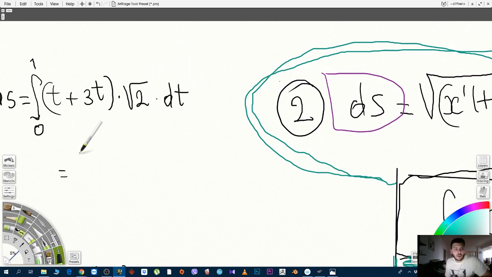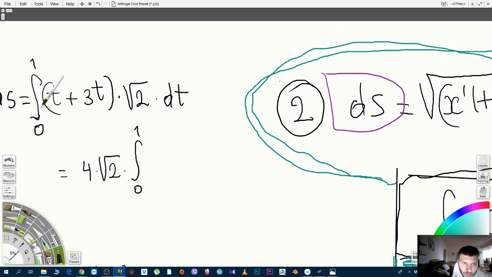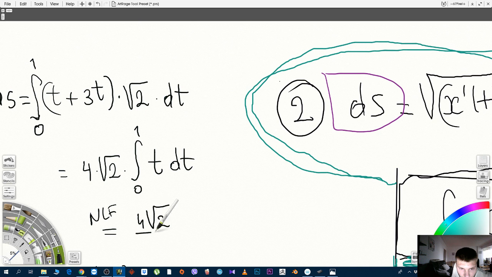So we have 4t times square root of 2. So we have 4 times square root of 2 in front of our integral, and here we have t times dt, which is equal to, using Newton-Leibniz formula, 4 square root of 2 over 2, which is equal to 2 times square root of 2.